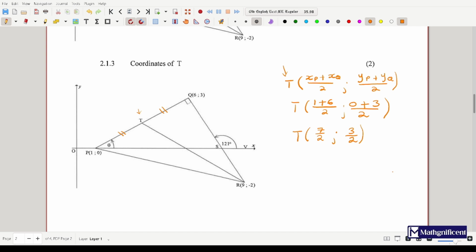This is how we get our coordinates for point T here, which is a midpoint. Hence why we used this formula, because T is a midpoint of PQ, as was said in our statement.